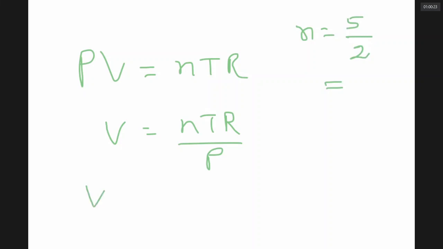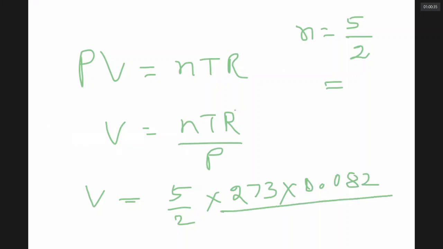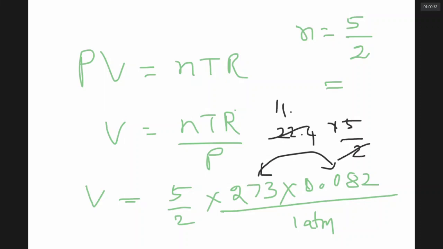Therefore, volume of the gas at STP is equal to number of moles into STP temperature, standard temperature is 273, universal gas constant is 0.082, standard pressure is 1 atmosphere. Can I get the answer, sir? Ladies and gentlemen, always 273 into 0.082 is 22.4, fixed. So 22.4 into 5 by 2, that is 56. Are you very clear about it, sir?